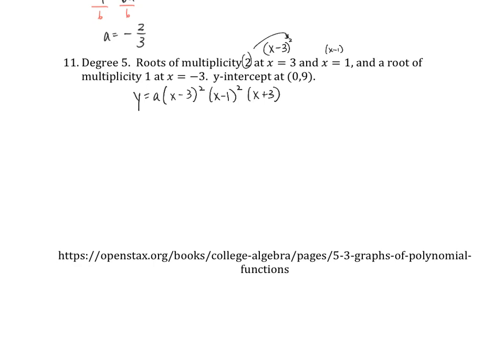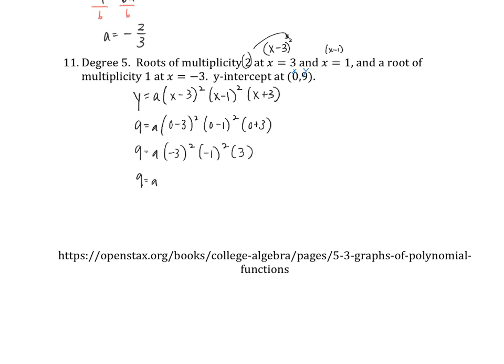Now I'm going to use my 0 and 9 to plug in for x and y. So x, y. So 9 equals a times x is 0. So 0 minus 3 squared, 0 minus 1 squared, 0 plus 3. So it's going to be 9 equals a times negative 3 squared times negative 1 squared times 3.